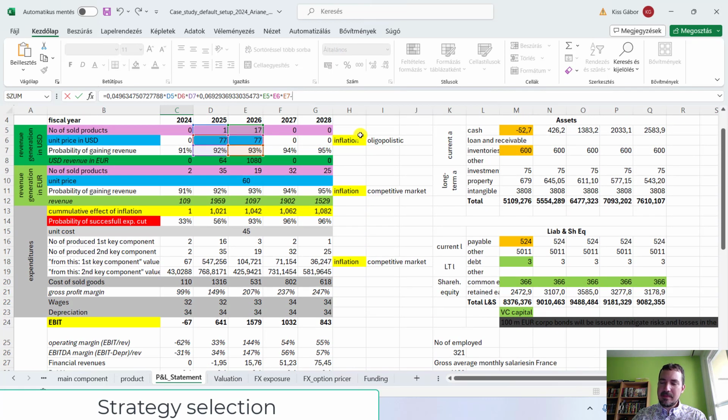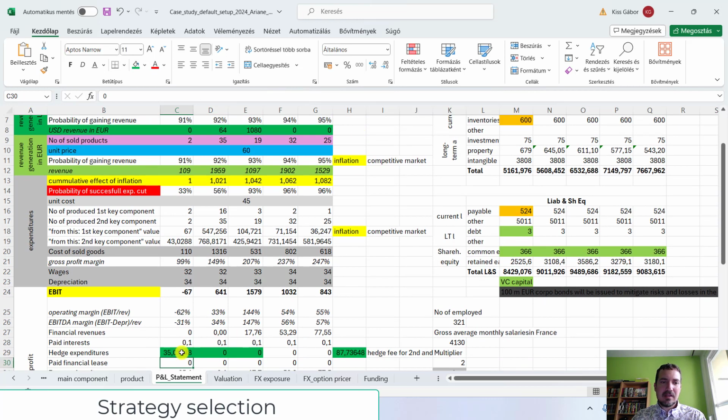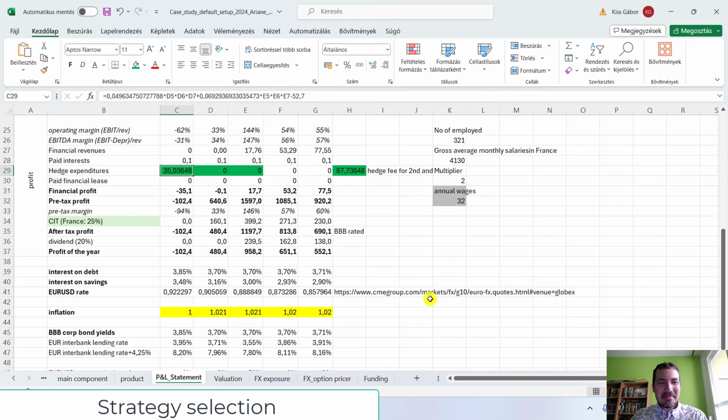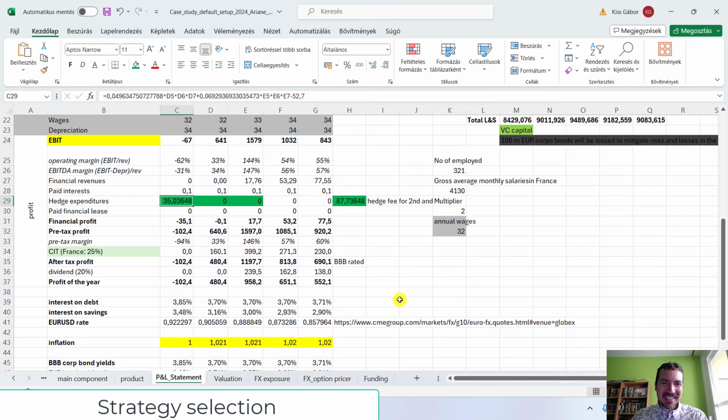Minus 2.7. Now it's 0. So I'm doing this. Yes. I still have some kind of hedging, just not much.